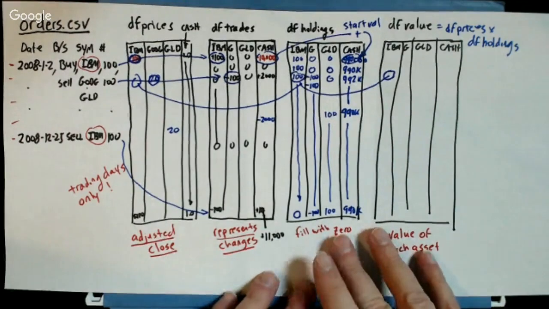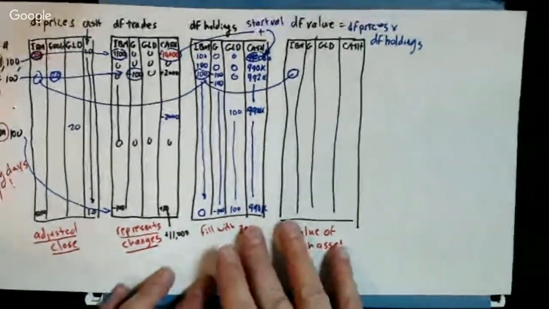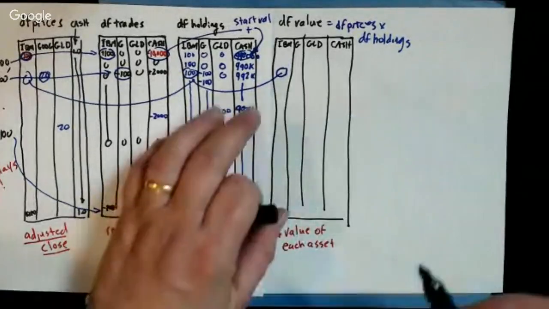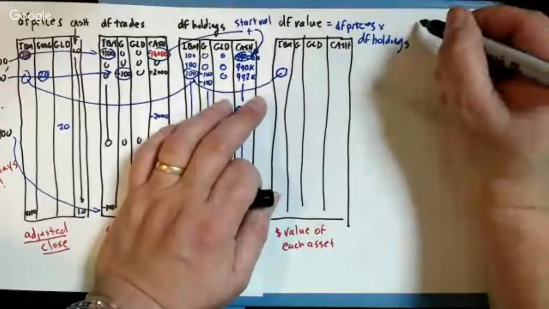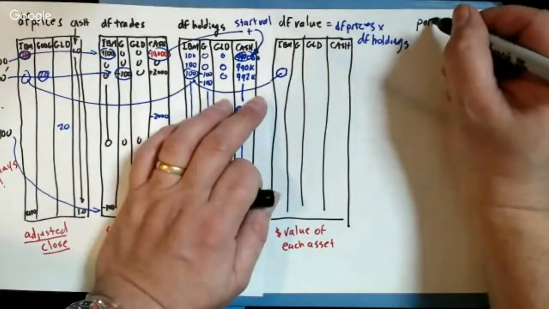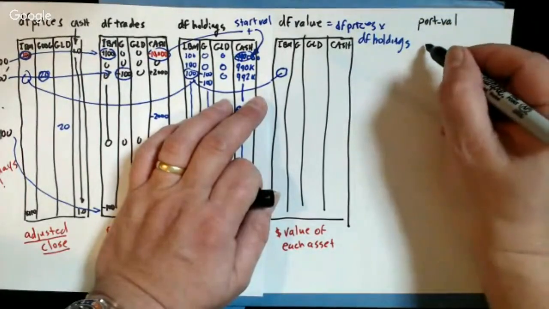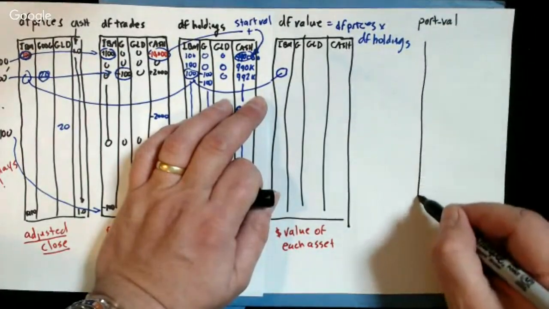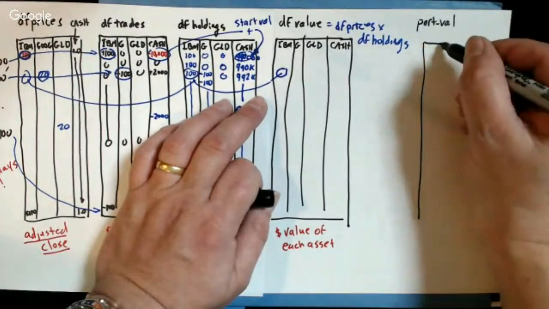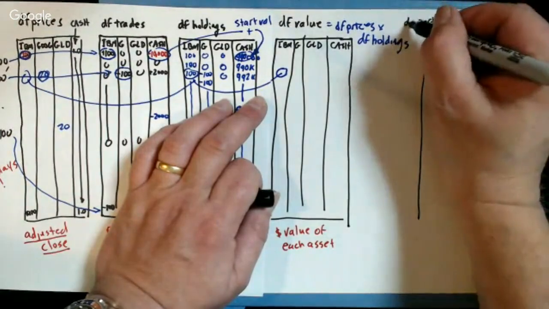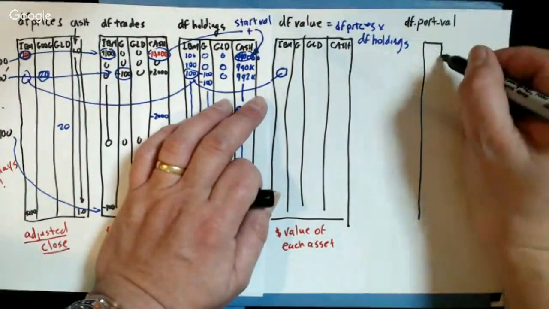One more thing to do. Let's call this port val. This is a single column data frame. I guess I should call it DF port val.